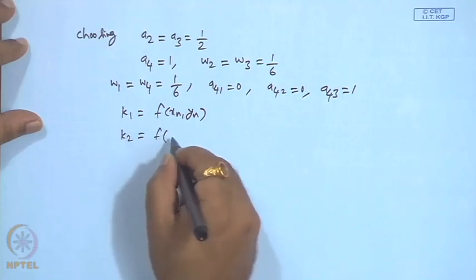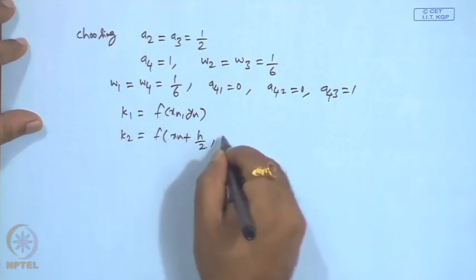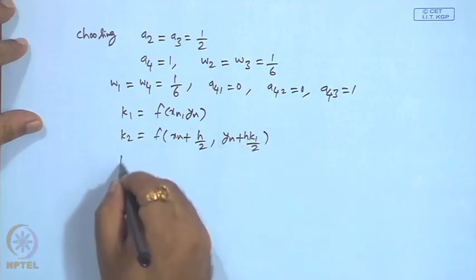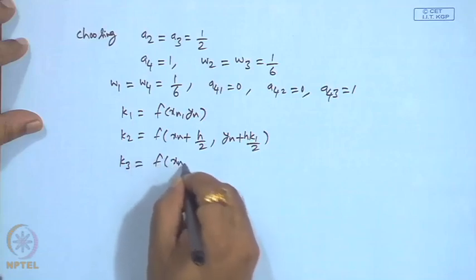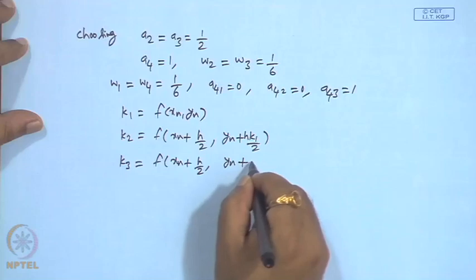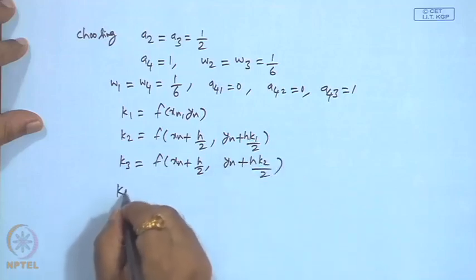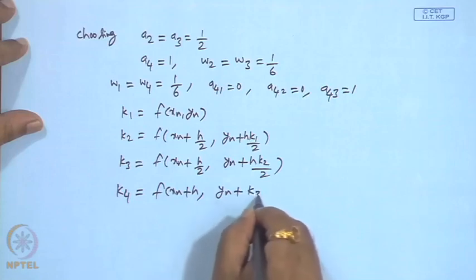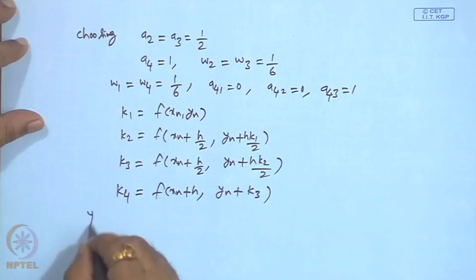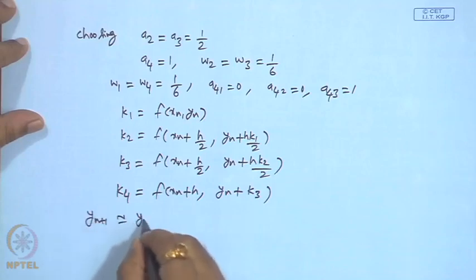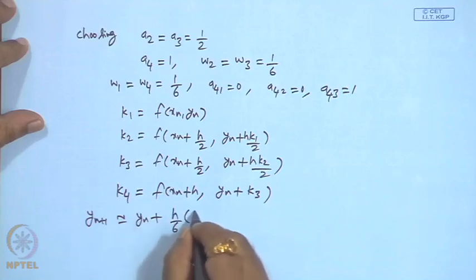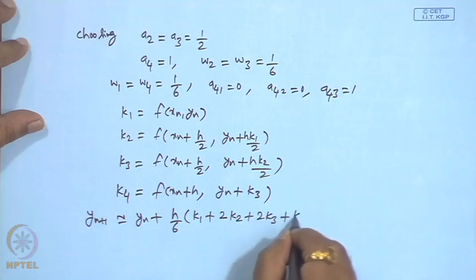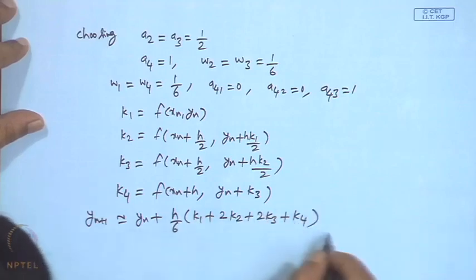K 2 is f of... So, these are the coefficients and then the method. So, this is our fourth order RK method.